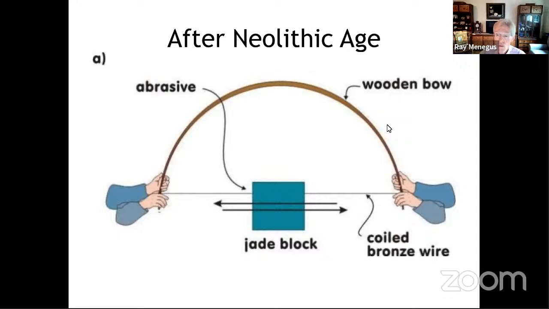Now, we do not know how they carved it because there are no extant documents. They did not have writing. Very little is left from it. But later, they did use bamboo bows and bronze wires. But we suppose that they used silk threads.